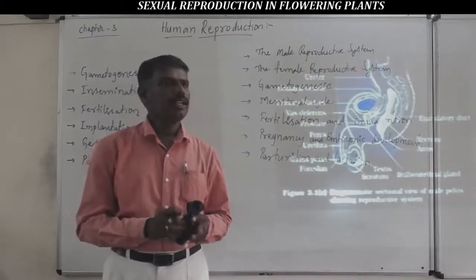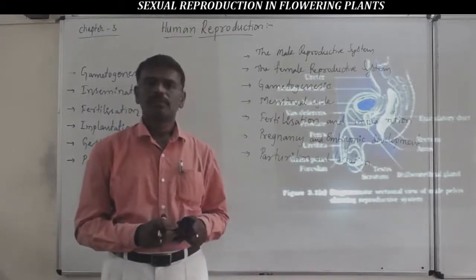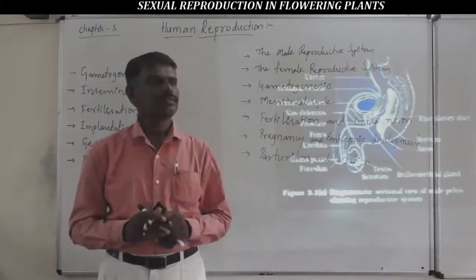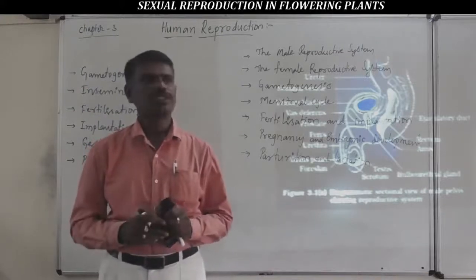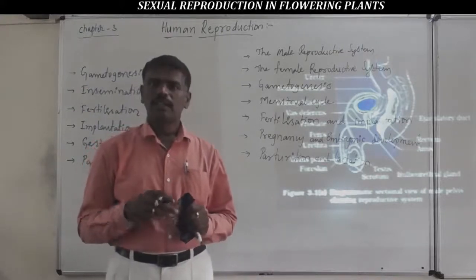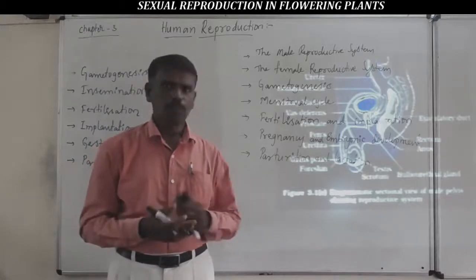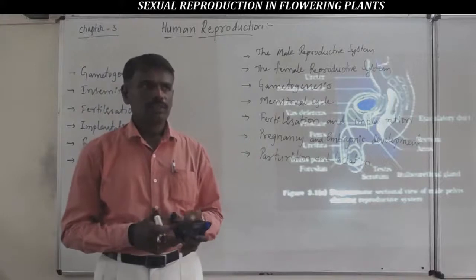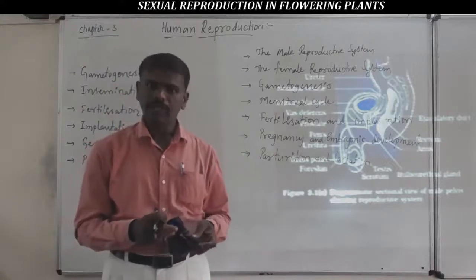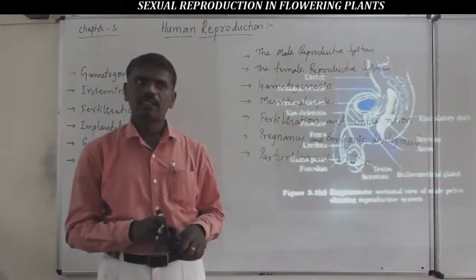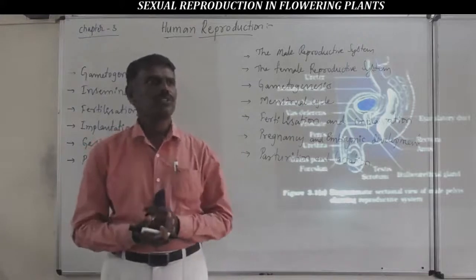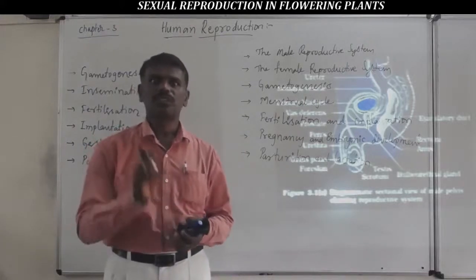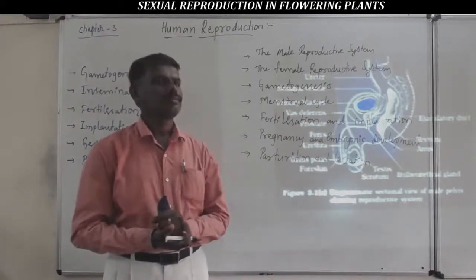In living organisms, reproduction occurs in two ways, that is, two types of reproduction: sexual reproduction and asexual reproduction. Asexual reproduction occurs mostly in primitive organisms, and also in higher plants, by vegetative propagation or vegetative reproduction.